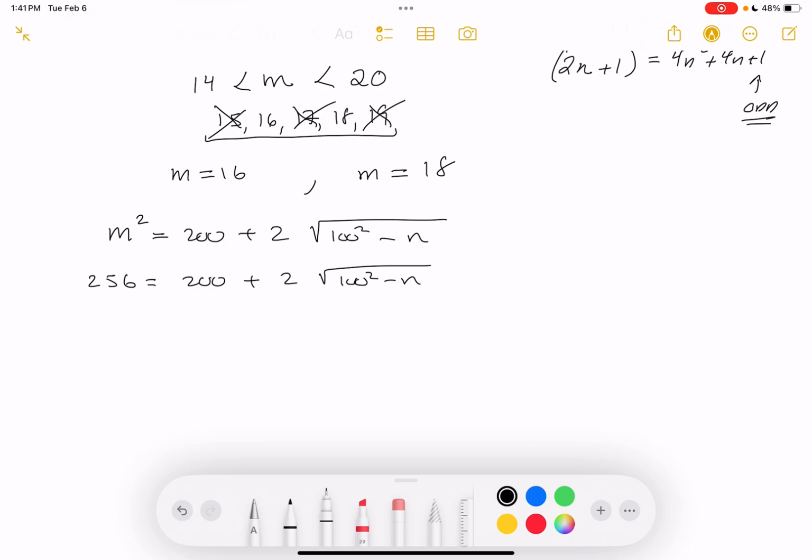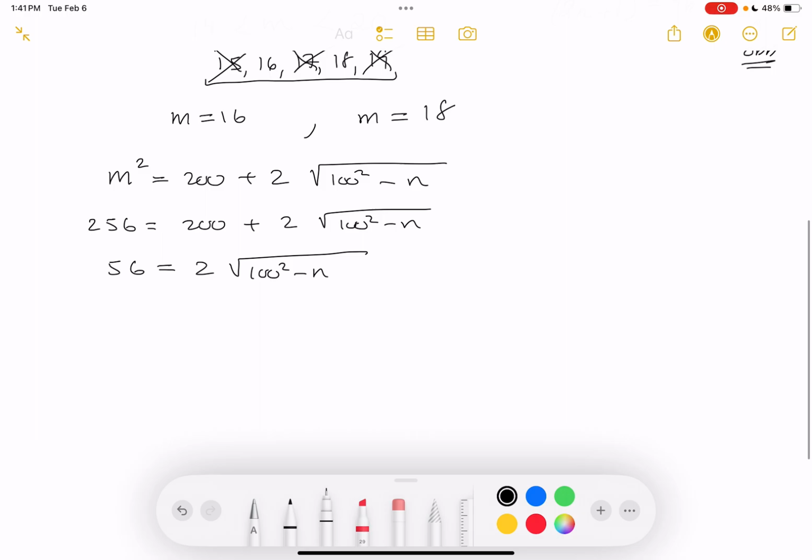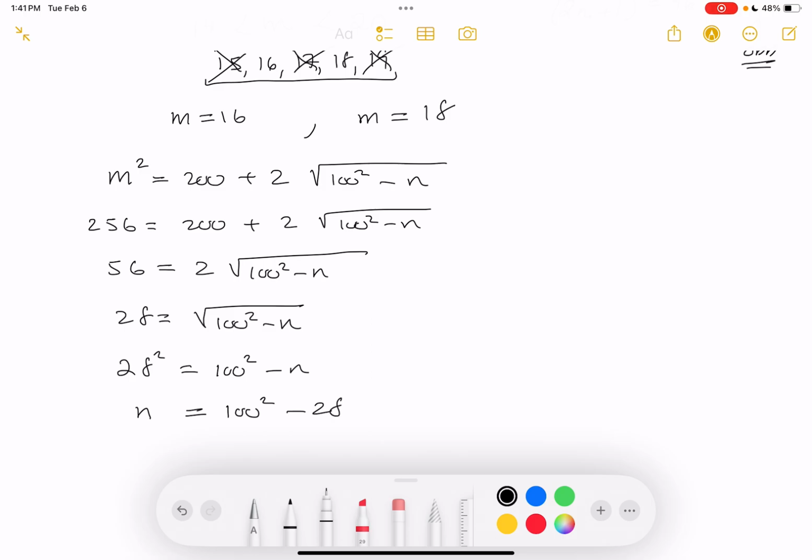Kind of nasty, isn't it? 56, take 200 from both sides: 56 equals 2 root 100 squared minus n. Divide by 2, and you get 28 equals the square root of 100 squared minus n. Getting closer, aren't I? I'm not going to do too much arithmetic now. I'll put 28 squared equals 100 squared minus n. So n is 100 squared minus 28 squared.